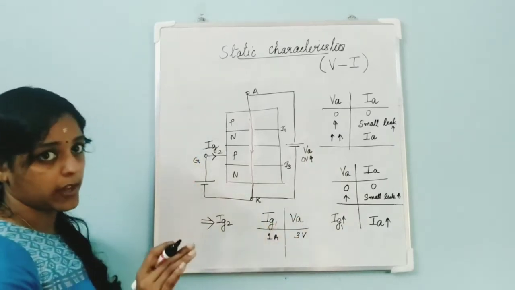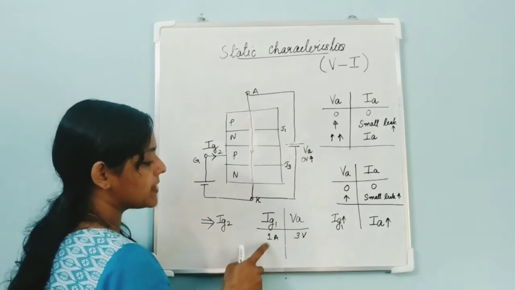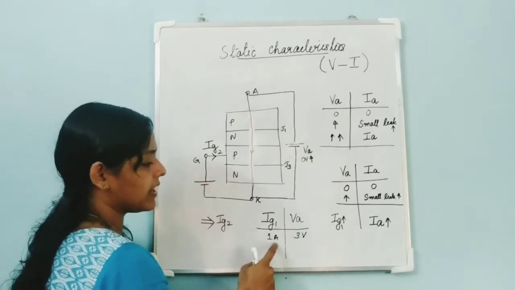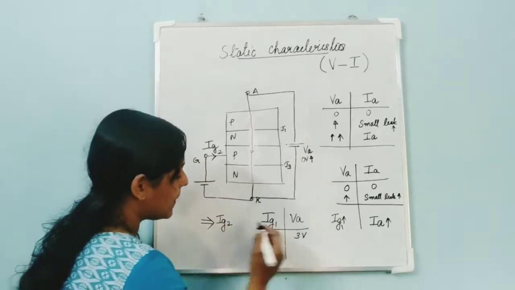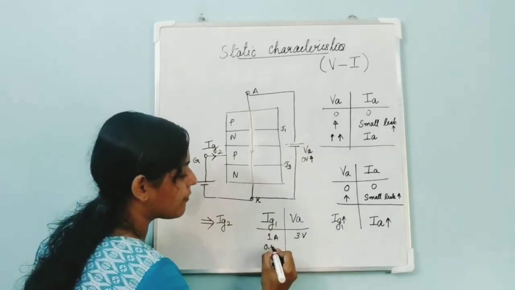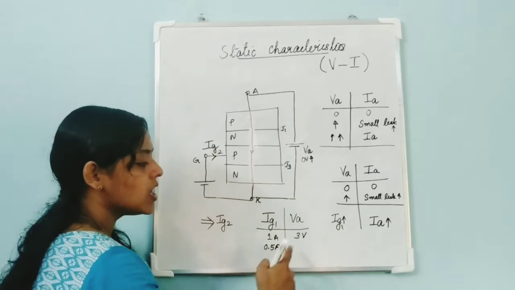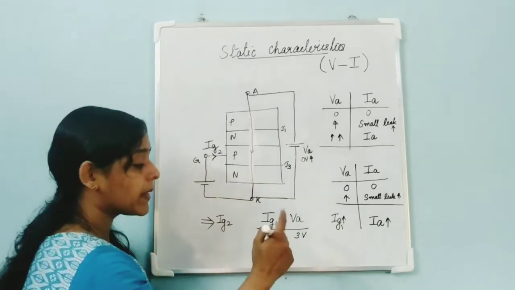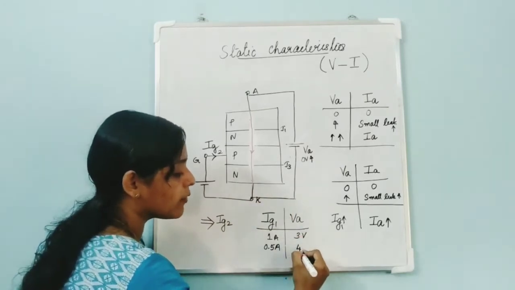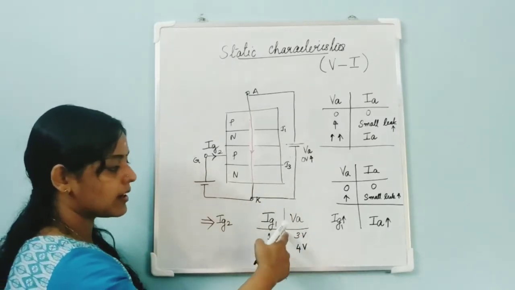These values are not accurate actually. So in the first case, when I gave 1 ampere gate current, with 3 volt, the device turned on. But in the second case, I am giving 0.5 ampere. So with 3 volt, will the device get turned on? No, the device will be turned on at some other higher voltage compared to this.